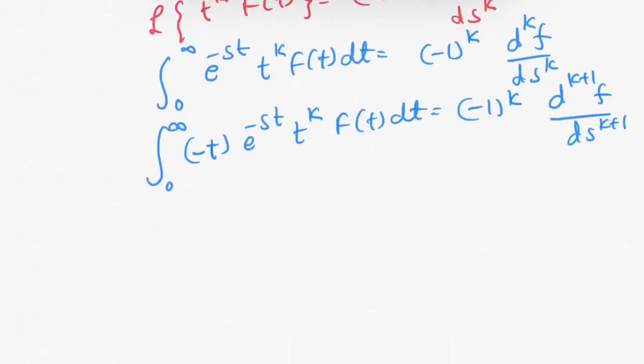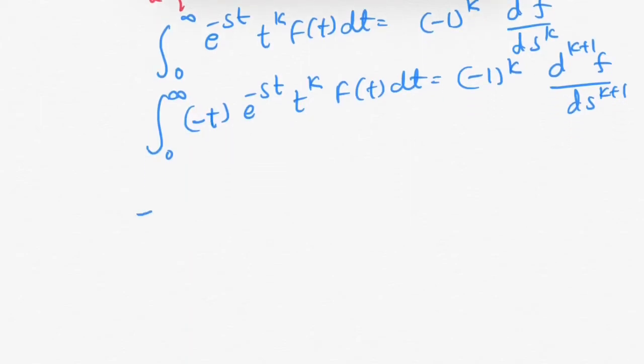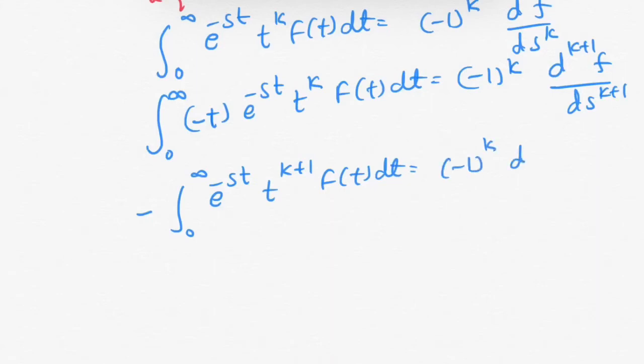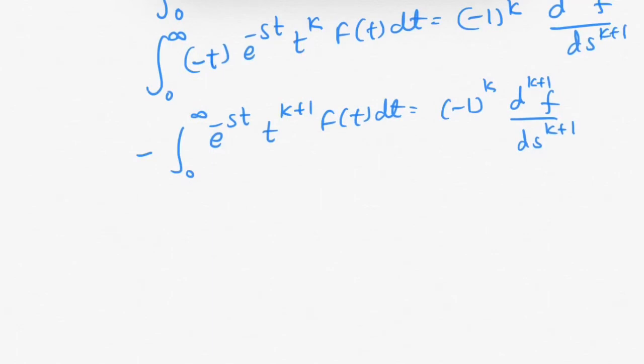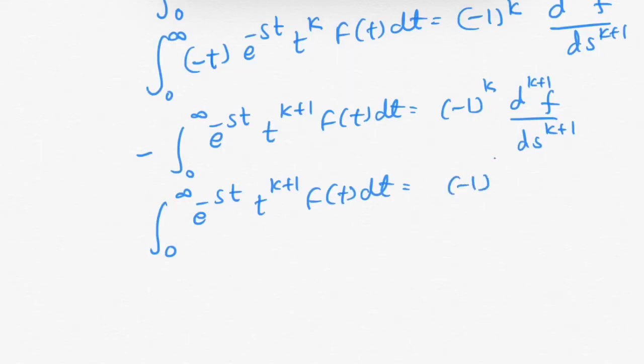Now taking this minus sign outside the integration and multiplying this t with t^k, we have minus the integral from 0 to infinity of e^(-st) t^(k+1) f(t) dt, which equals (-1)^k d^(k+1) F/ds^(k+1). Now multiplying by minus 1 on both sides, we have the integral from 0 to infinity of e^(-st) t^(k+1) f(t) dt, which equals (-1)^(k+1) d^(k+1) F/ds^(k+1).